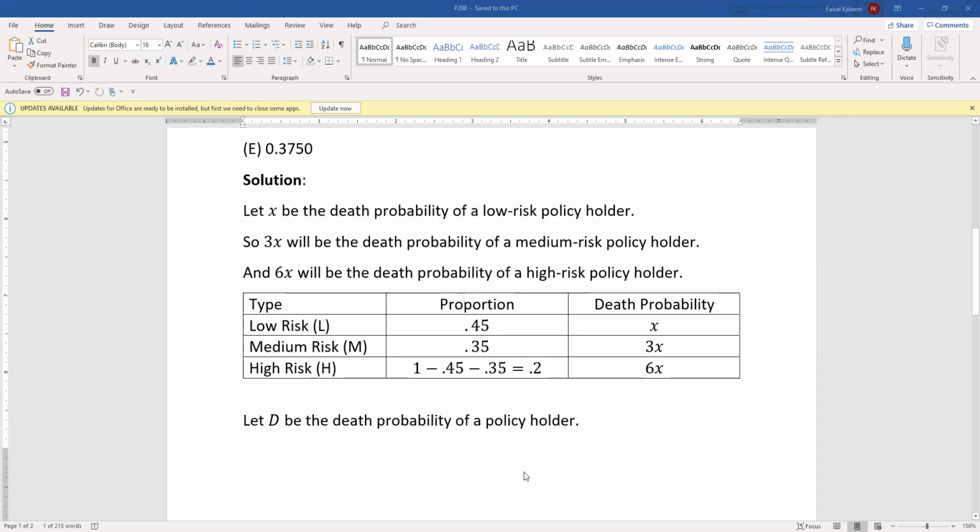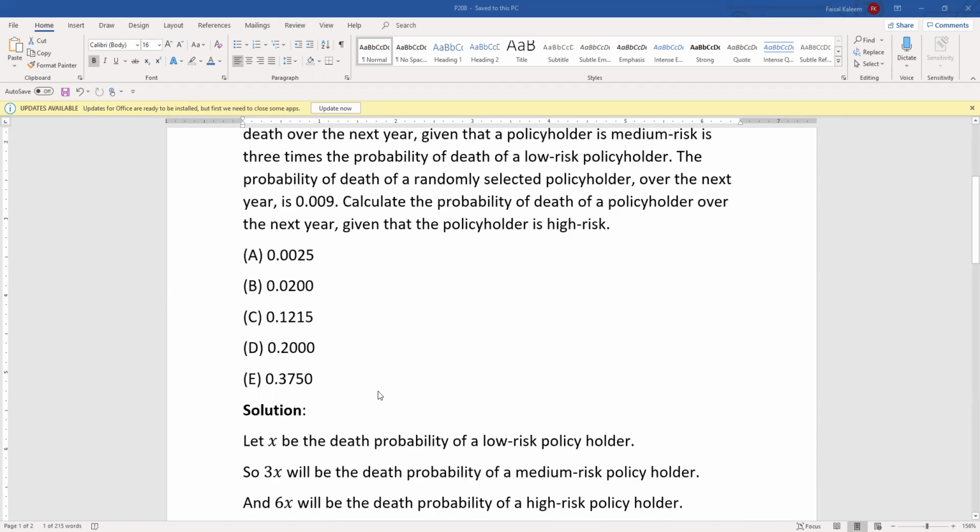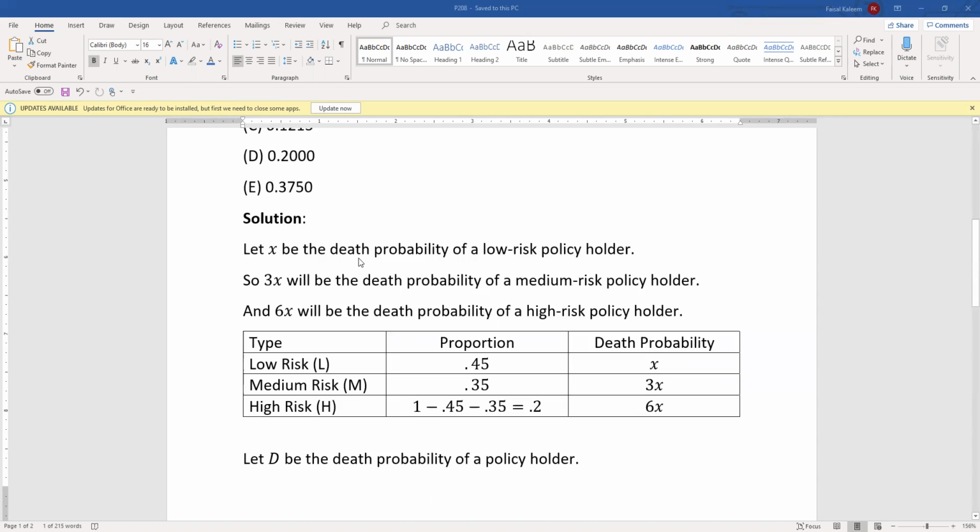So the death probability of a random policyholder is given. So let's call it D. So the probability of death of a random policyholder is D, which is given to be 0.009.